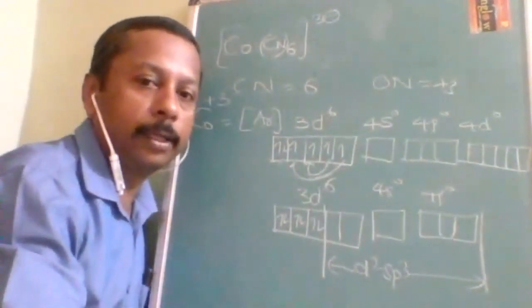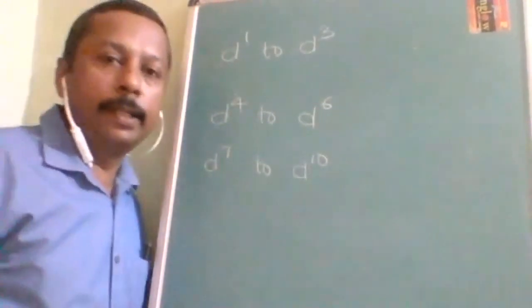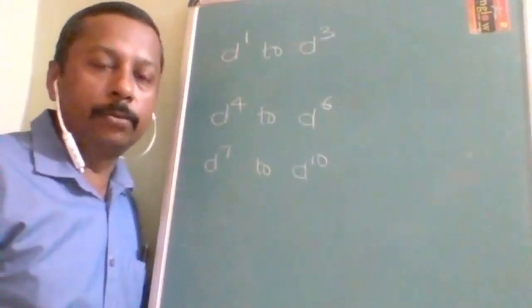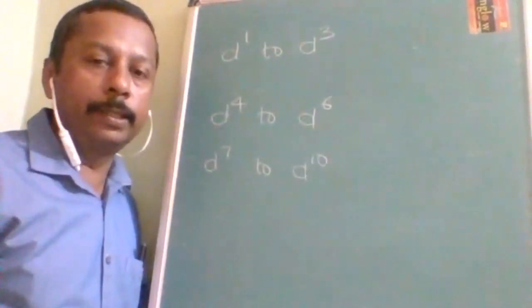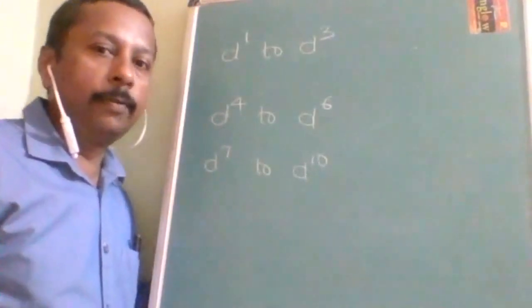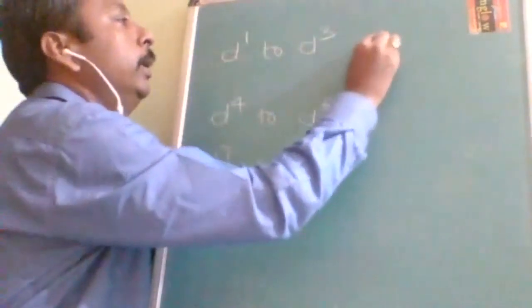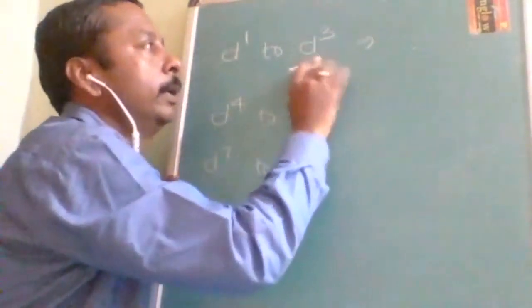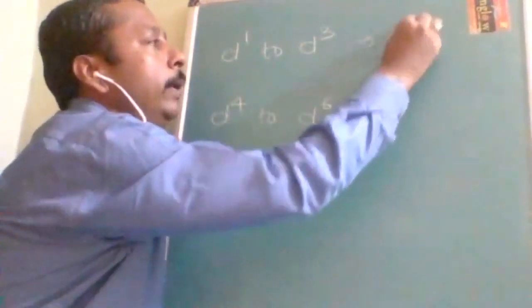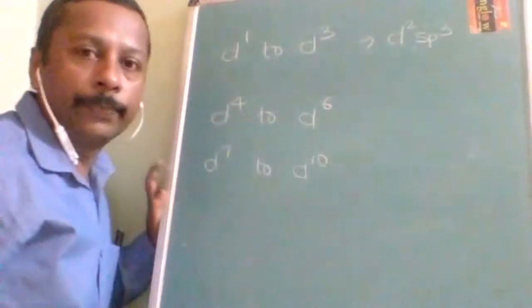Now the shortcut technique. For easiness, I'm dividing the configuration into 3 parts: d1 to d3, d4 to d6, and d7 to d10. For d1 to d3, you can blindly write: if the coordination number is 6, it is always d2sp3, let it be strong field or weak field.